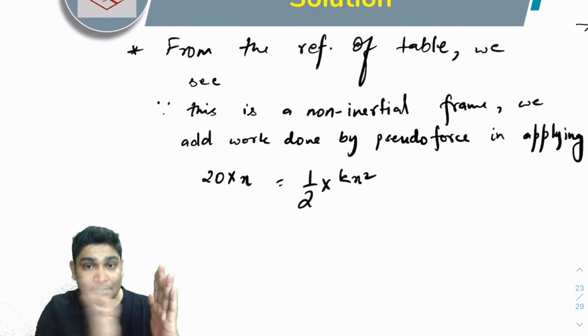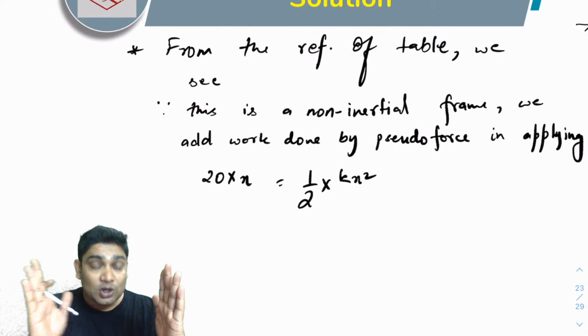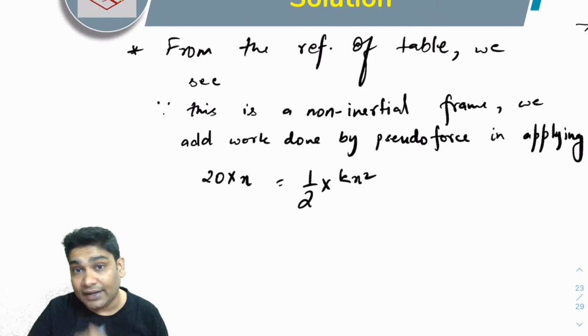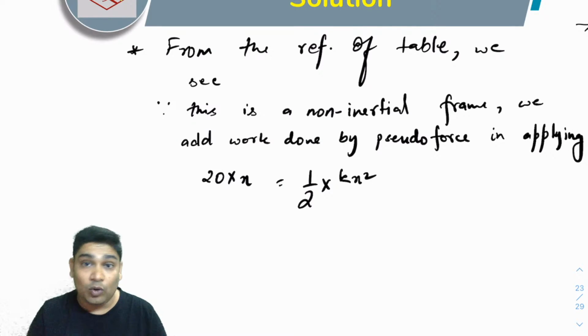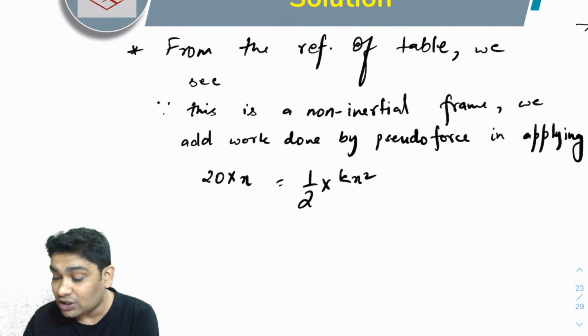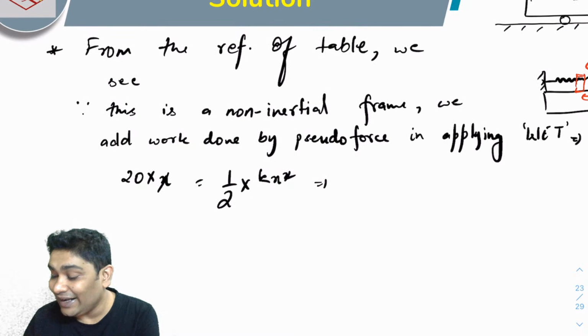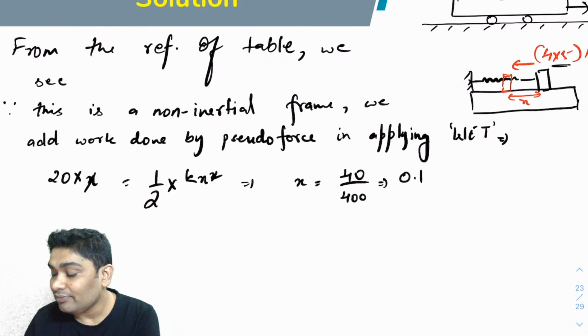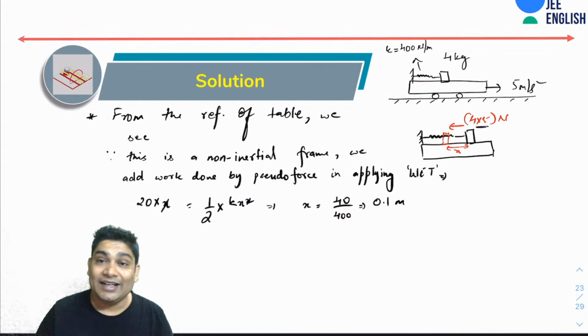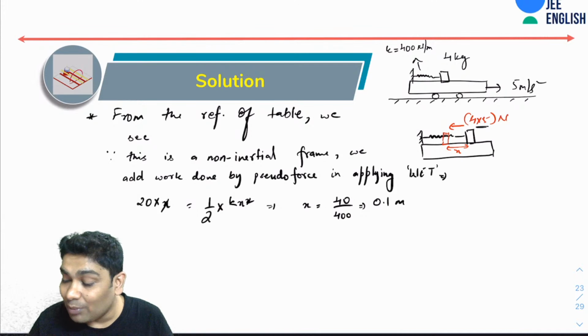When it is at maximum compression, the kinetic energy of the mass is zero. The entire work by this force has been stored as potential energy in the spring. So from here, I can calculate x as 40 over 400, that is 0.1 meter.